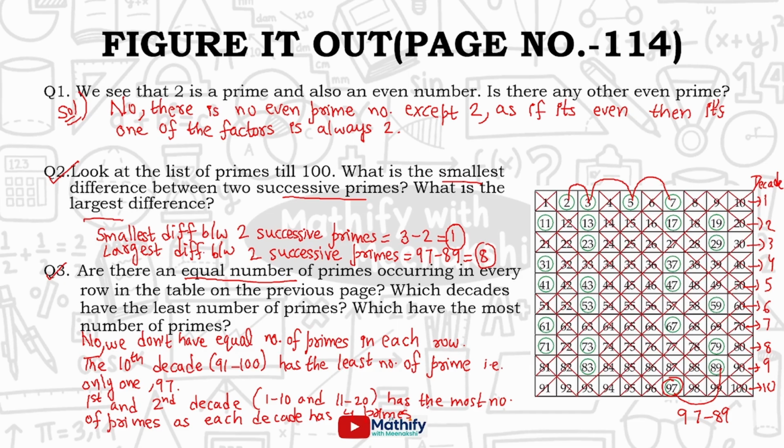And what are they? In the first decade 2, 3, 5, 7, and in the next decade 11, 13, 17 and 19. So the answer is the first and second, and we have 4 prime numbers. Let's move to the next question.